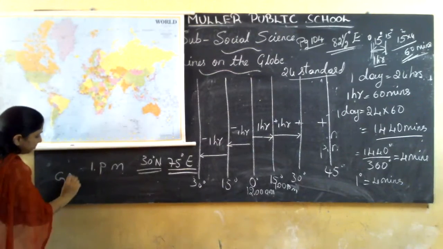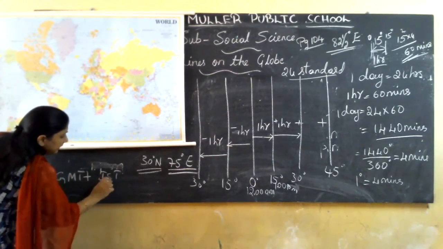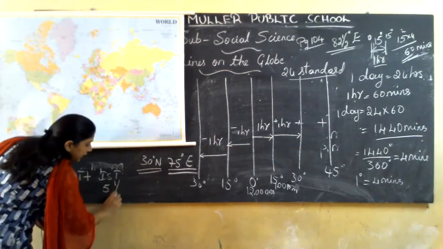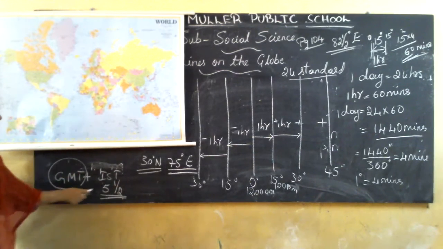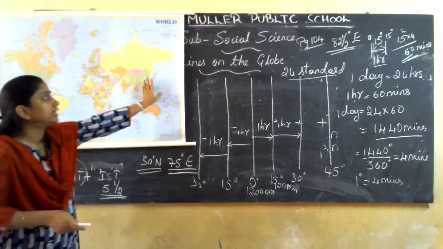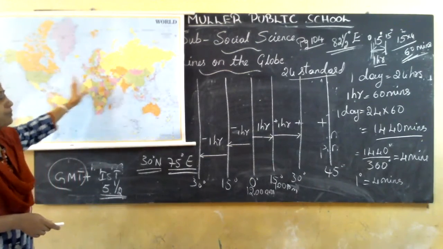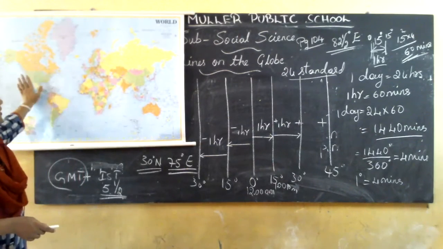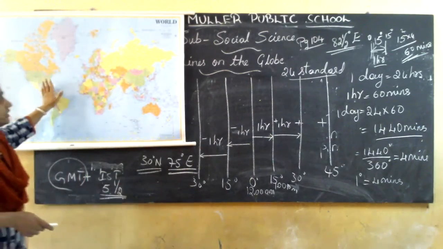So GMT plus IST, Indian Standard Time, is 5.5 hours ahead. You are going to add this ahead time to the GMT, only then you will get the exact time of each place. The same way, if you subtract the time from the GMT, you will get the time in the Western countries. So this is the difference.